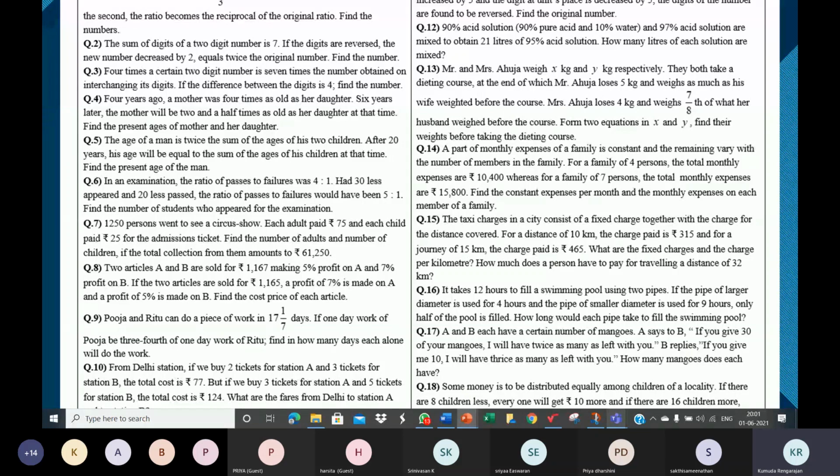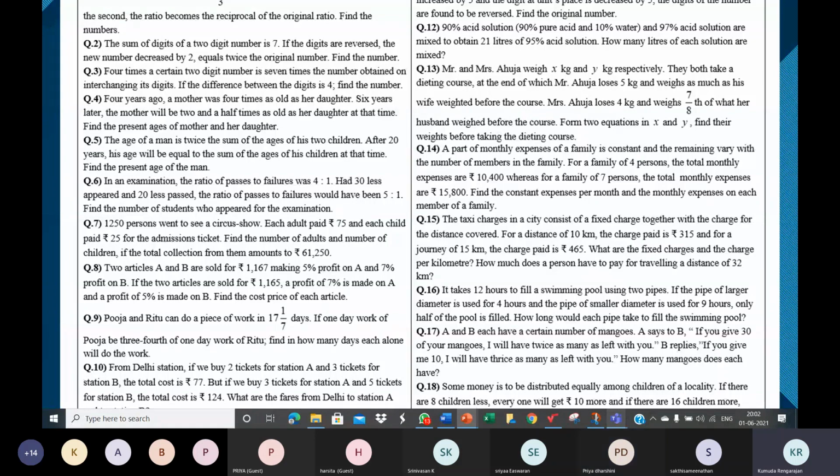What is the SP? How will you find the SP? X plus 5x by 100. Yeah, so how do you find SP? Cost price plus profit percentage, ma'am. Profit, not percentage.